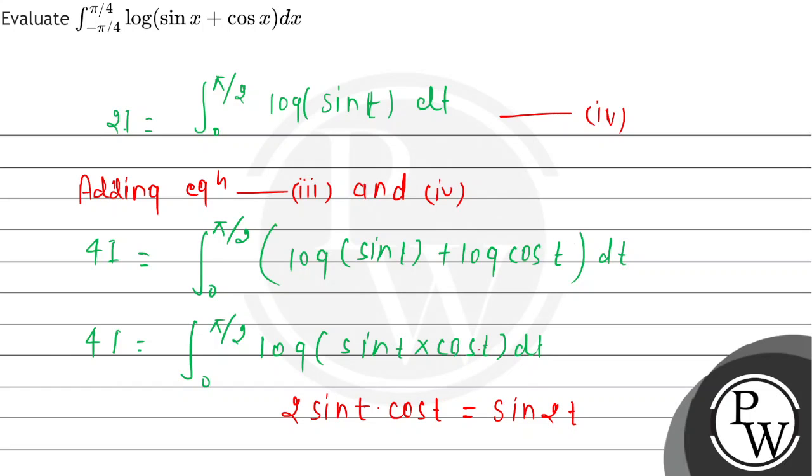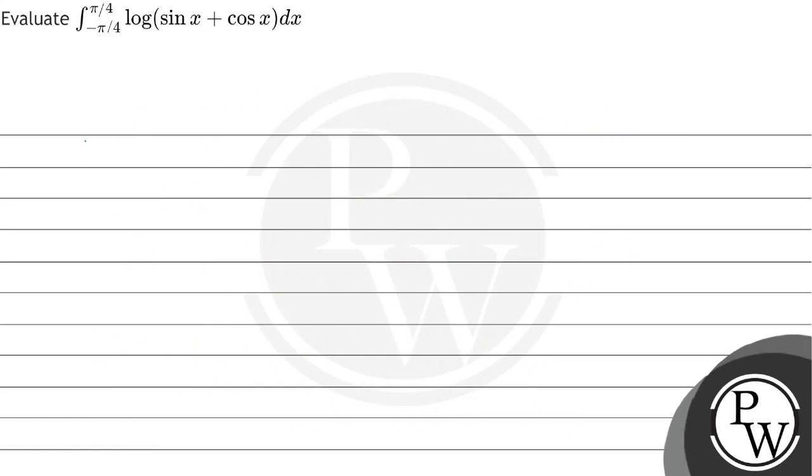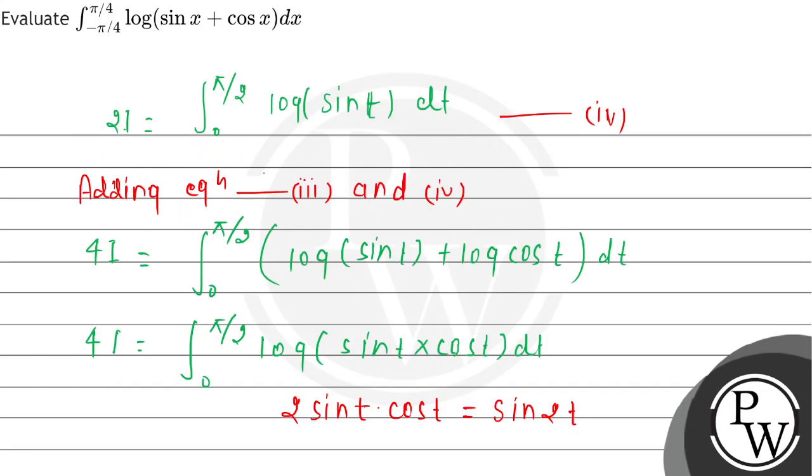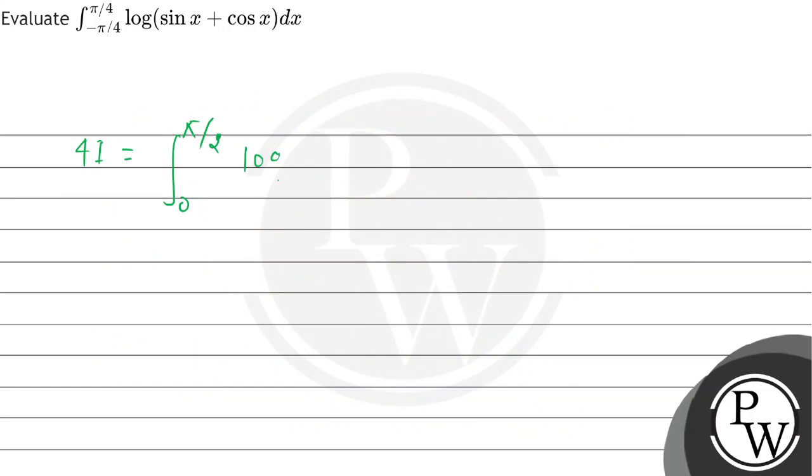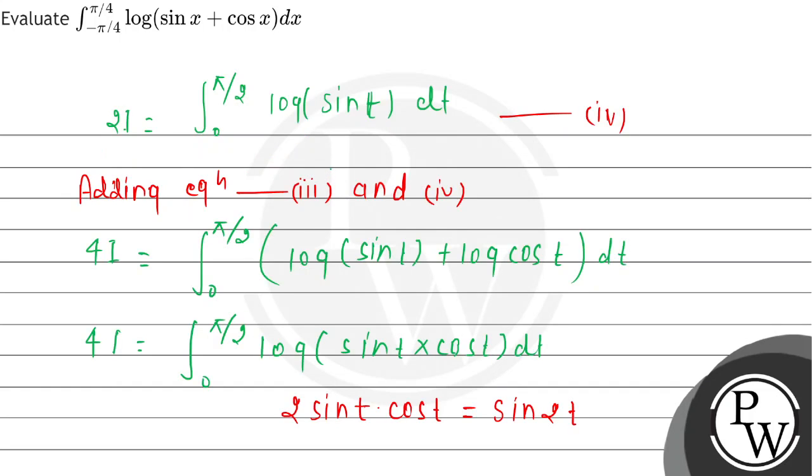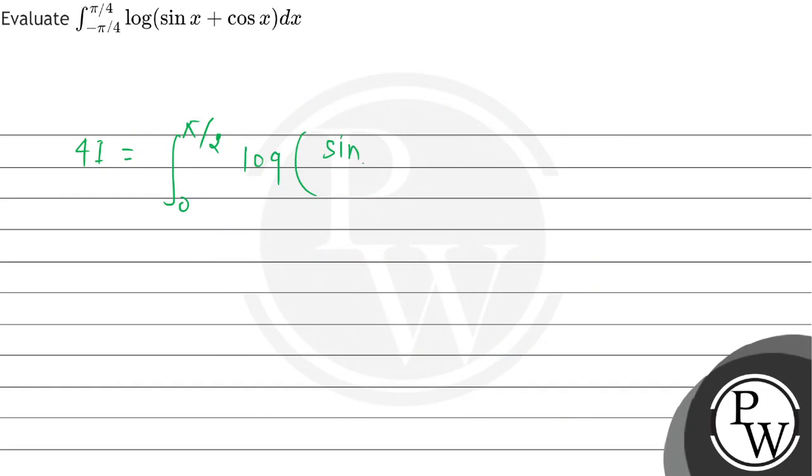So now we'll replace this in place of this function. So we have 4I is equal to the integration from 0 to pi by 2 of log of sin 2t by 2 dt.